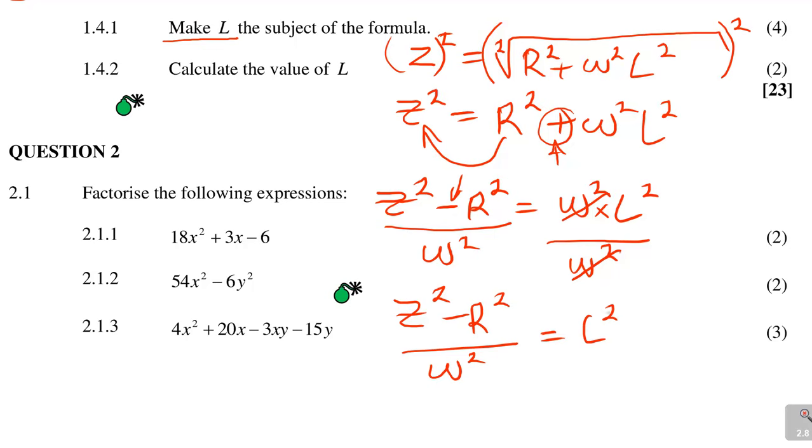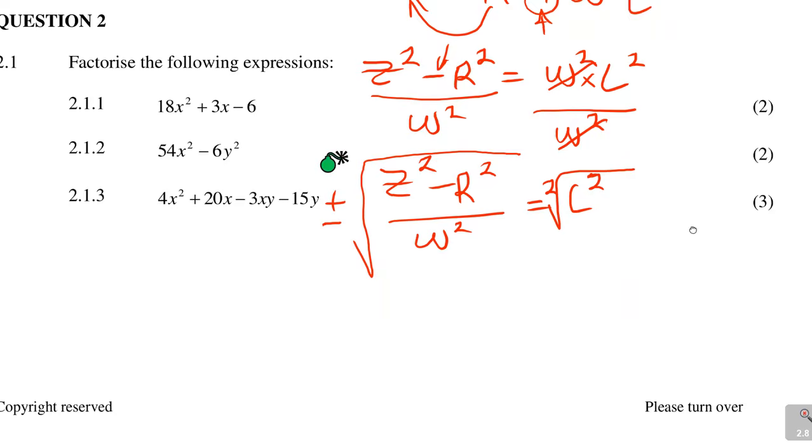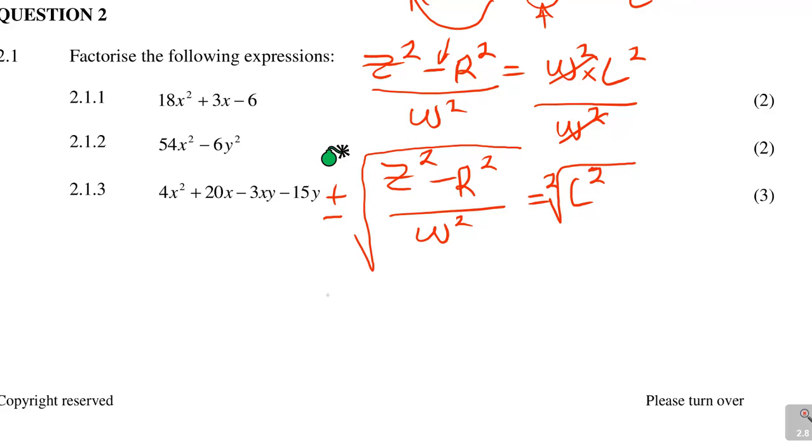The next thing is for me to get rid of the square. To get rid of the square root, I squared, but to get rid of the square, you take the square root. That is just the opposite. But what I do on the left, I do on the right. Here you are allowed to say plus or minus, which is a lesson for another day, because the square and the square root cancel out.